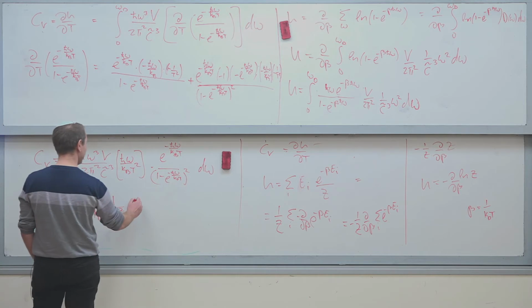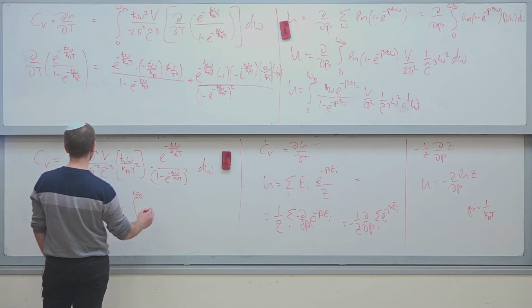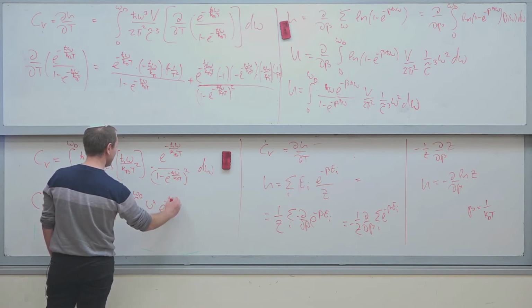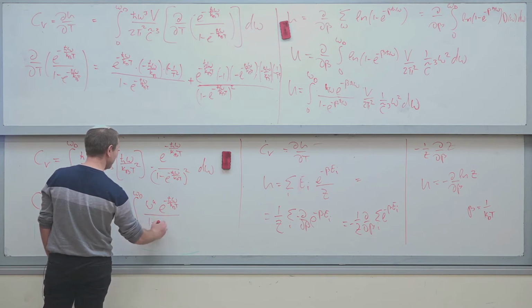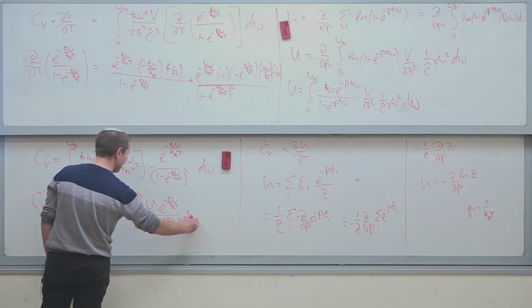And inside we have the integral from 0 to omega Debye of omega to the fourth e to the minus h bar omega over k Boltzmann T, divided by 1 minus e to the power minus h bar omega over k Boltzmann T, all of this squared, d omega.